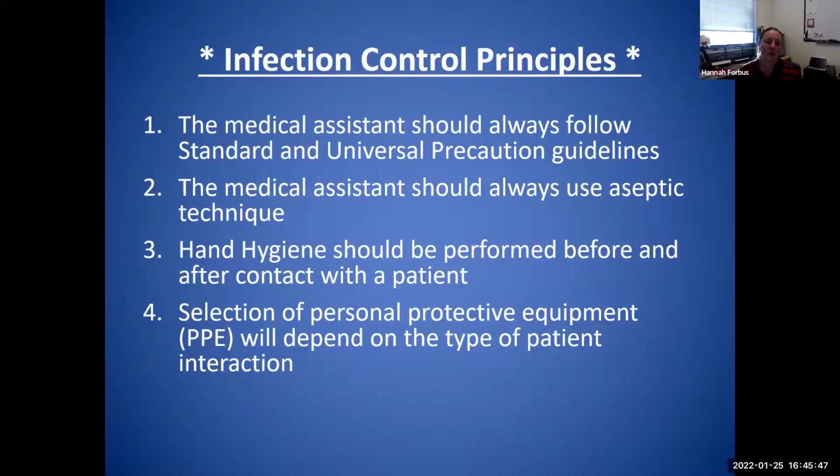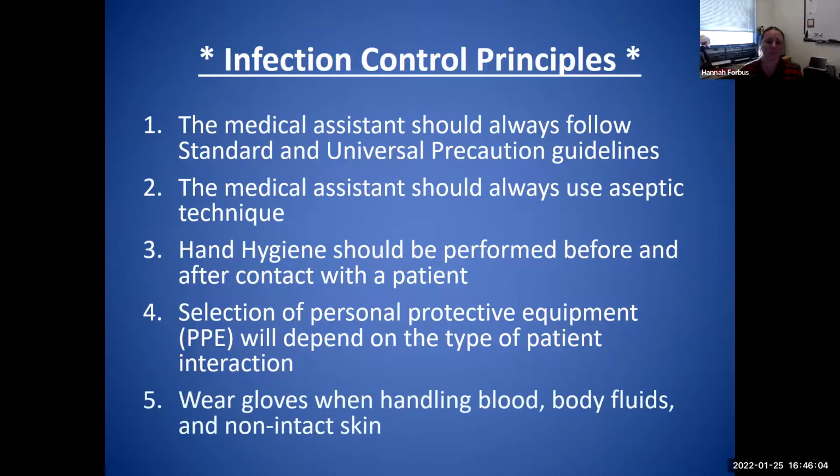And selection of our PPE will depend on the type of patient interaction, okay? If you're working in a more hospital type setting, it's going to depend on what precautions that patient is on, right? If they're on droplet precaution, airborne precaution, etc. Always, always wear gloves when handling any blood, any body fluids, and non-intact skin.